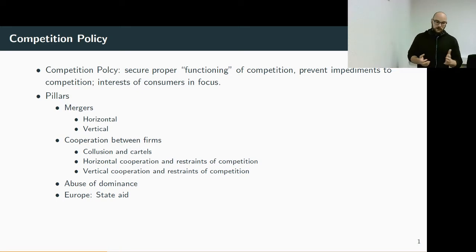One example, and I'm not evaluating anything, just describing, is the Google case in the European Commission, where over the last few years the Commission has run several investigations and fined Google several times for abusing a dominant market position.